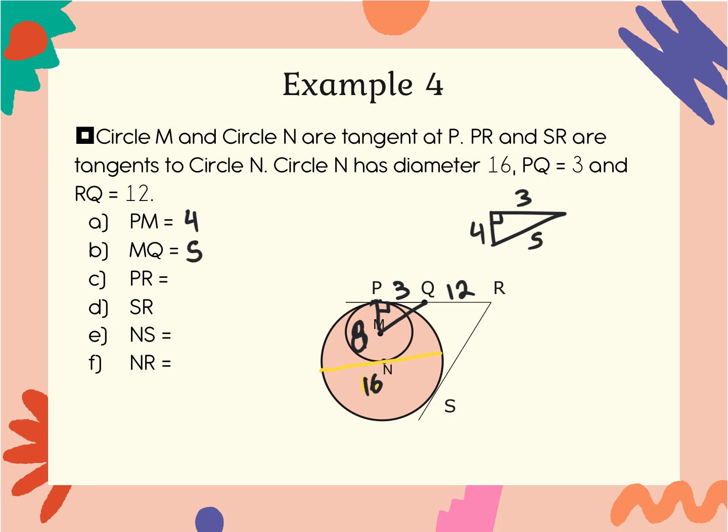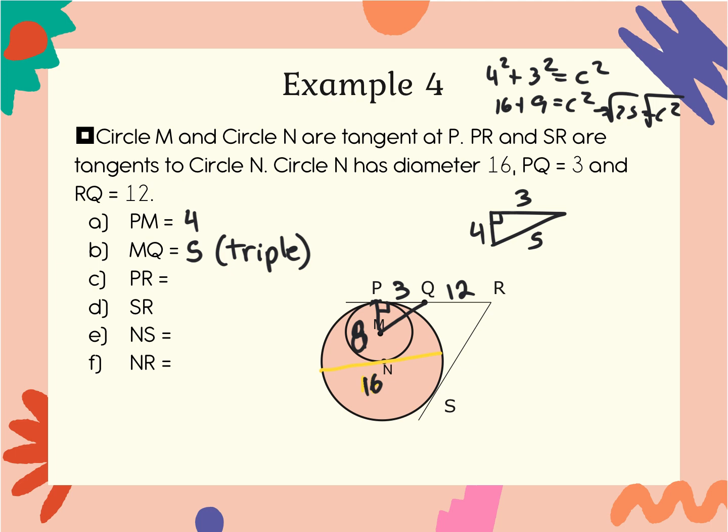But if you don't remember, you can use the Pythagorean theorem. You could do 4 squared plus 3 squared equals c squared. 16 plus 9 equals c squared. That's going to be 25 equals c squared. When I take the square root, I get that 5 is equal to c. So you can always do the Pythagorean theorem if you don't remember that that is a triple.